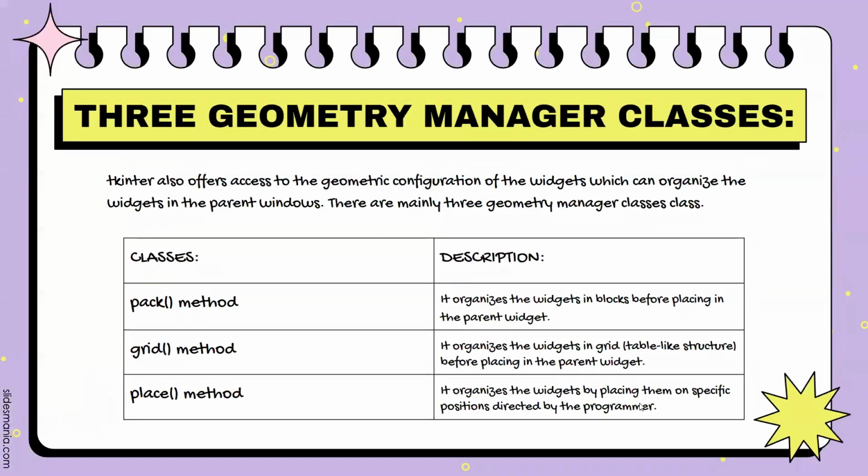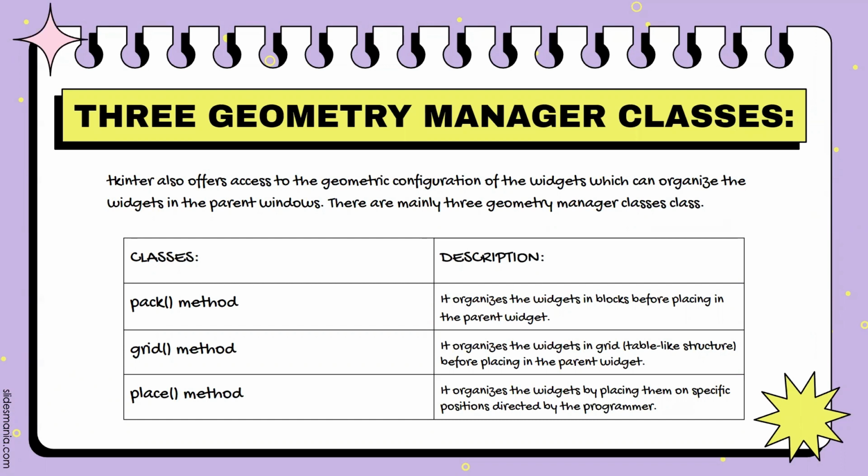So those are the main widgets, and now we're going to be looking at 3 geometry manager classes. Tkinter also offers access to the geometric configuration of widgets, which can organize the widgets in the parent windows. There are mainly 3 geometry manager classes. Basically, we have all these widgets.